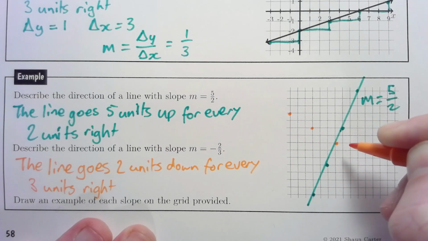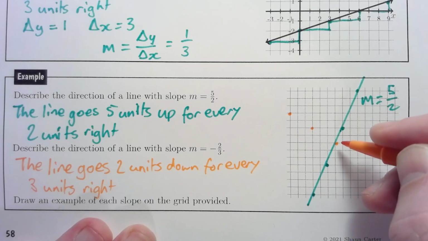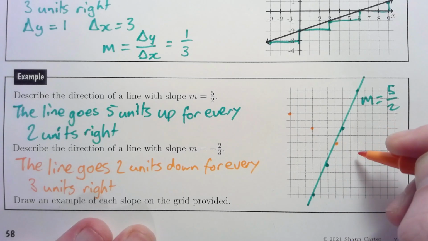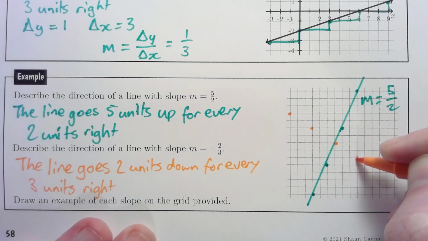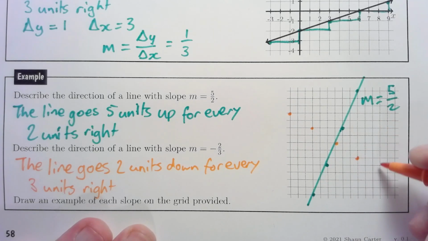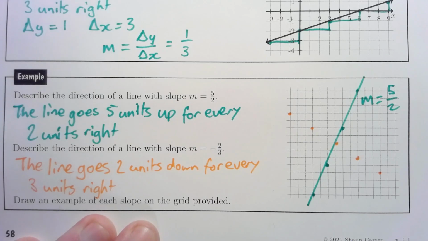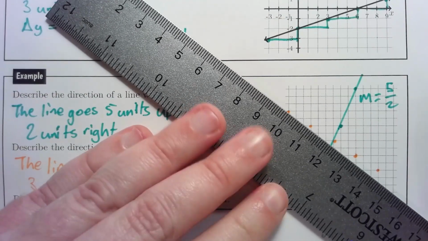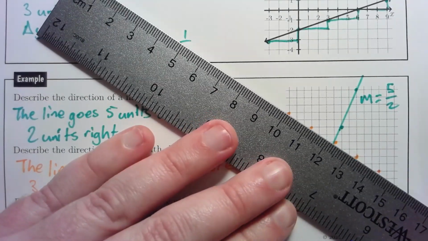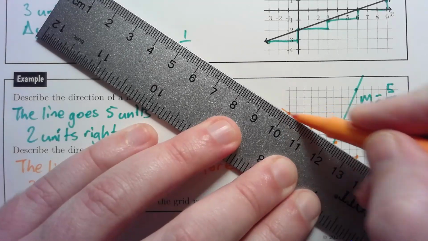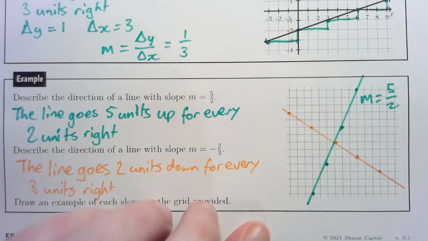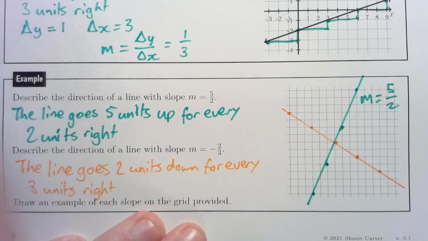Bit obscured by the other line, but that'll be there. 1, 2, 3 units right, 2 units down. 3 units right takes me off the grid, so I'll stop there. And there we go. There's our line.